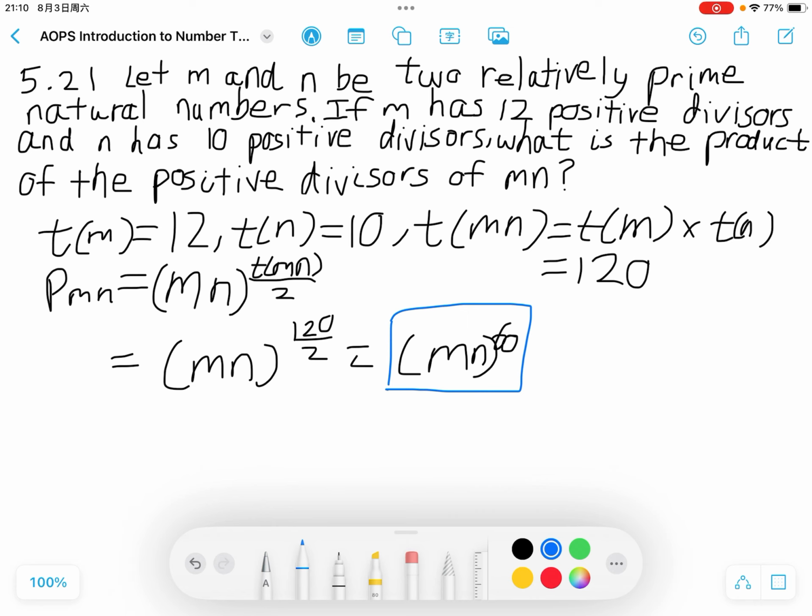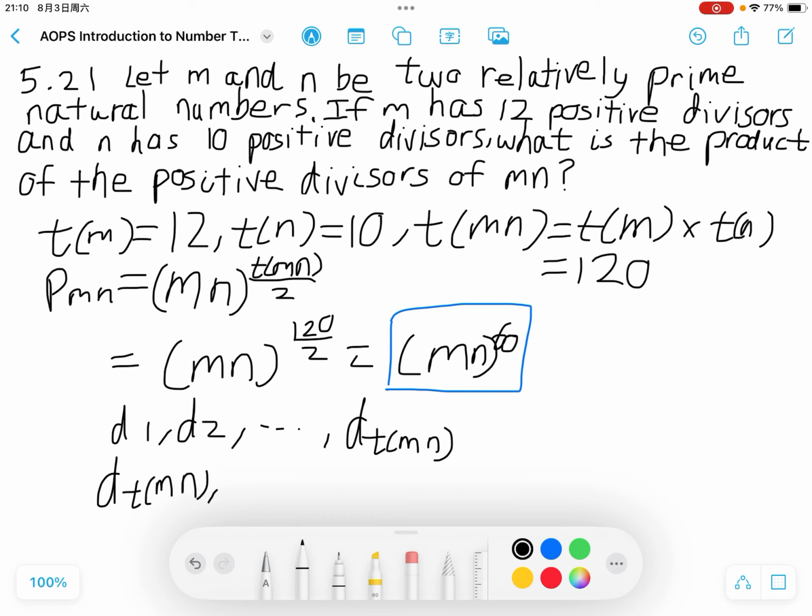This is because you can imagine that if we pair each divisor up, like we have d1, d2, etc., to d(T(mn)), so all of the divisors, and then the same in reverse order from largest to smallest: d(T(mn)), d(T(mn)-1), etc., d2, d1.